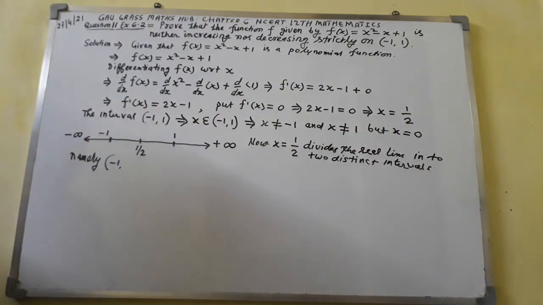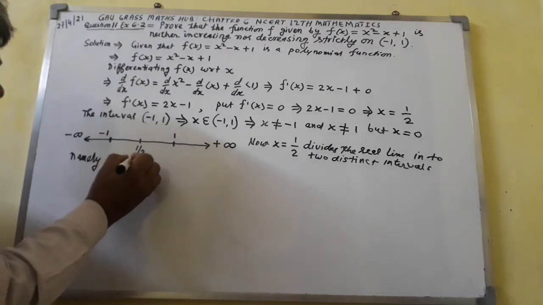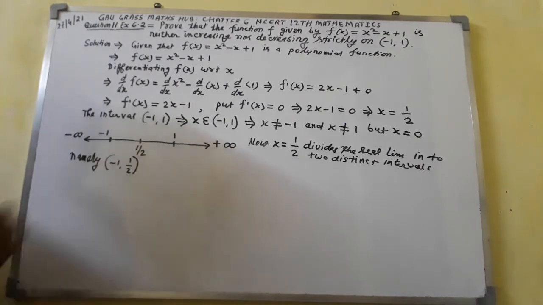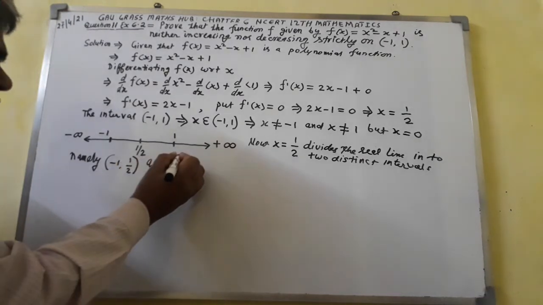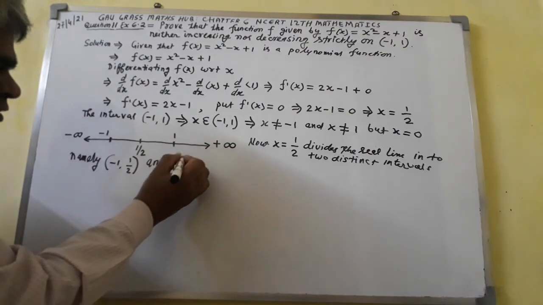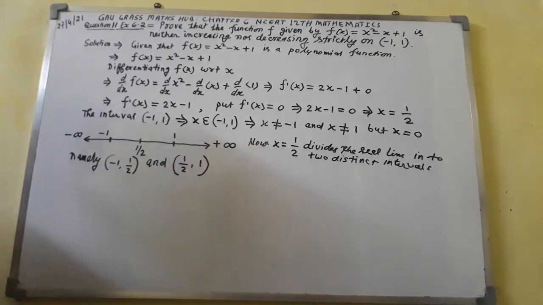This means that at the point x = 1/2, f(x) will not respond at all. So 1/2 will also be written in line with the open interval, and the open interval (1/2, 1).